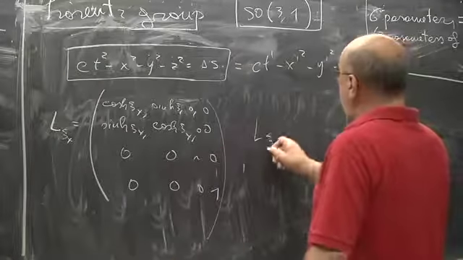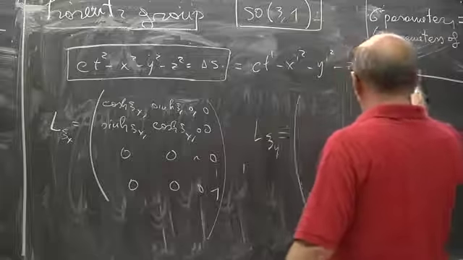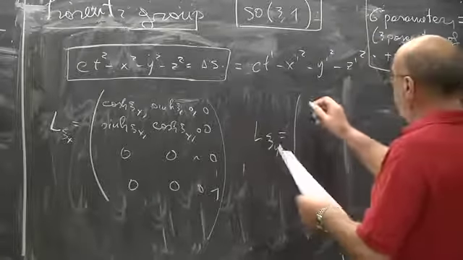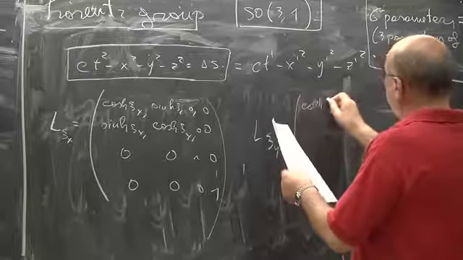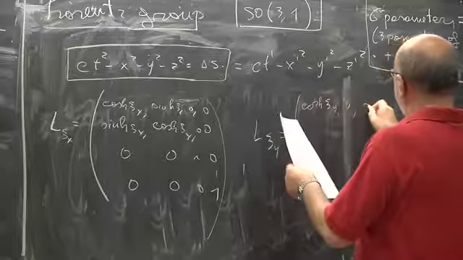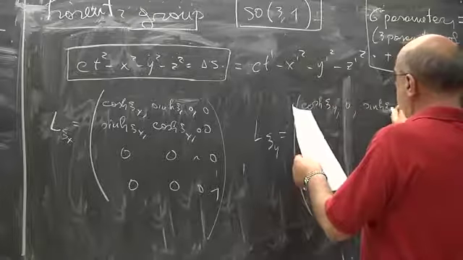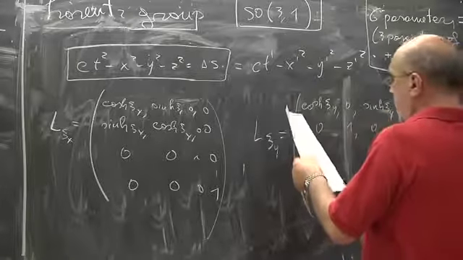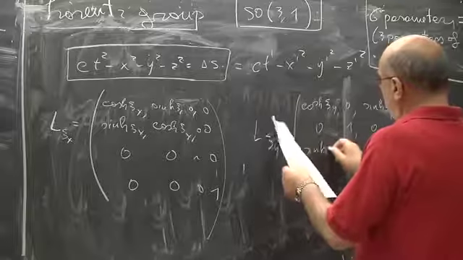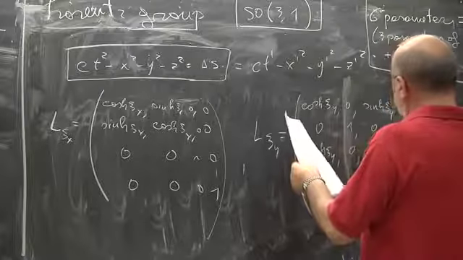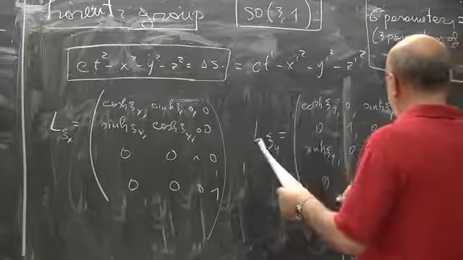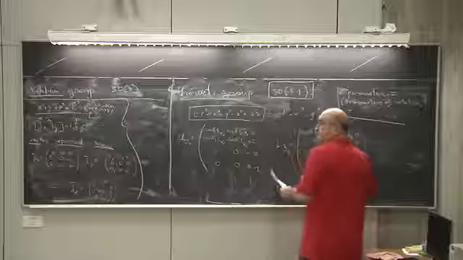Let's write a boost along y. A boost along y is again a cosine hyperbolic thing: cosine hyperbolic ψy, 0, sine hyperbolic ψy, 0; 0, 1, 0, 0; sine hyperbolic ψy, 0, cosine hyperbolic ψy, 0; 0, 0, 0, 1.